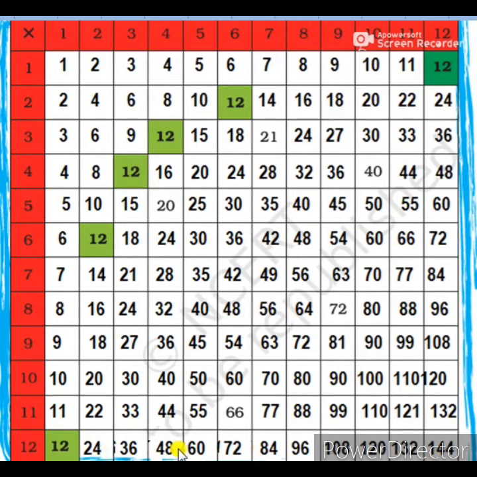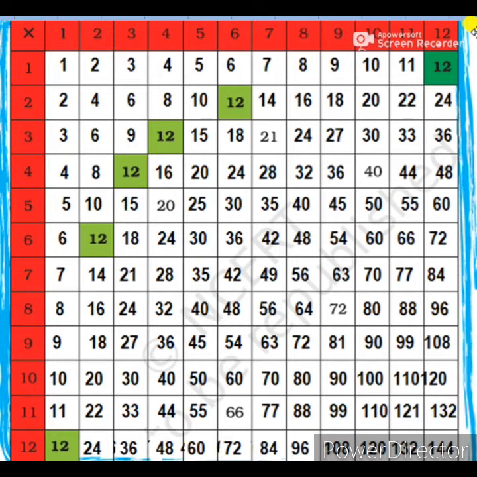If you want to find the factors of any bigger number, we have to just extend the table up to more numbers. Suppose up to 13, 14, 15, 16, 17, 18, 19, 20. So there is only one way: to find the factors of any bigger number, we have to just extend the multiplication table. Then we can easily find out the factors from this table.